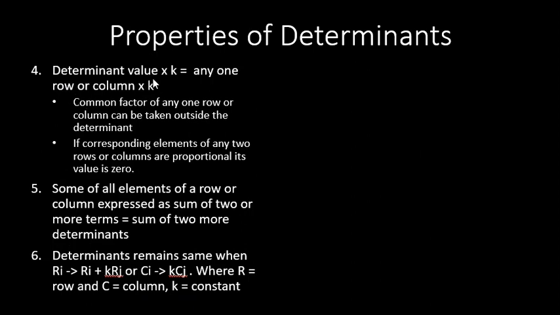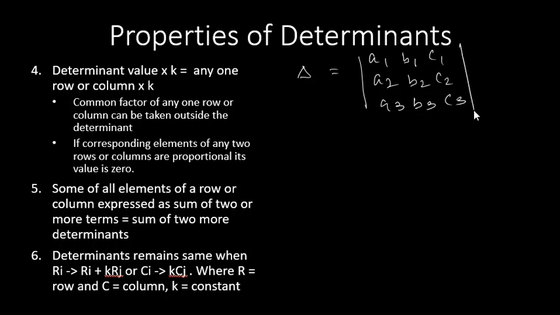Now let us move to the fourth property. The determinant multiplied by any constant k is equal to any one row or column multiplied by that constant. Let us consider a determinant A1, B1, C1, A2, B2, C2, A3, B3, C3.